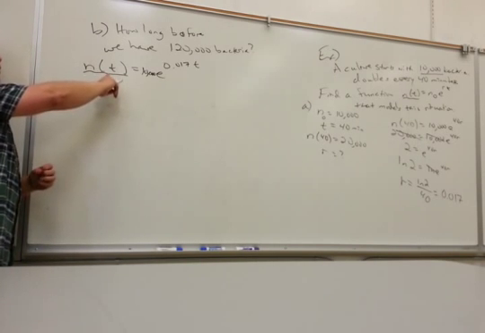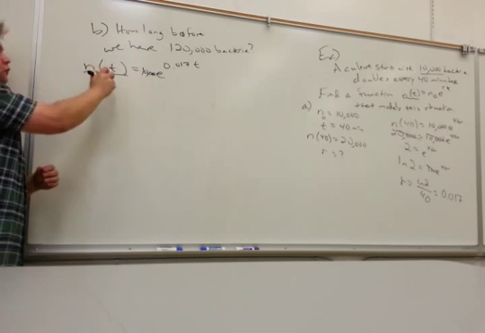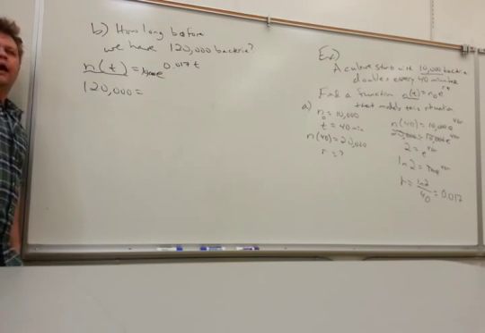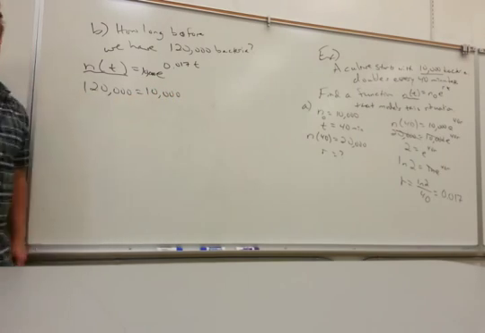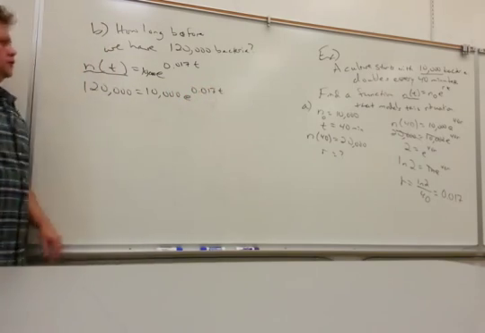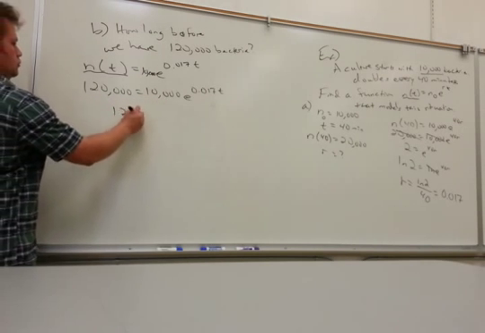This is going to be 120,000. You force the equation to tell you, if this was 120,000, how much time would that have to be? So here's where I definitely have to know that 10,000. That's where I started. And I just attacked this the same way we just did. We're solving for t instead of r, but it's the same idea. So now when you divide by 10,000, you get 12.